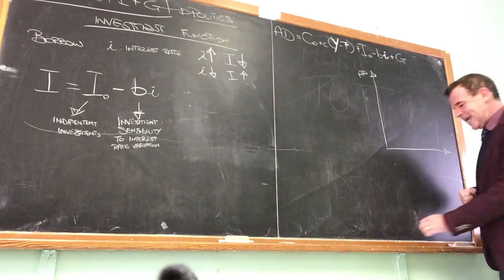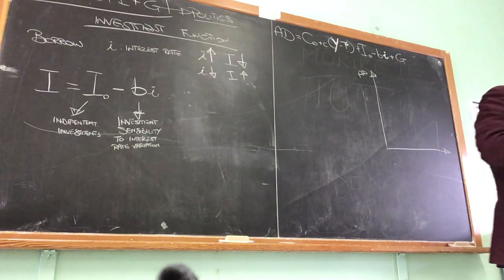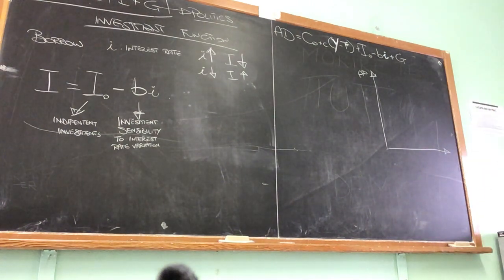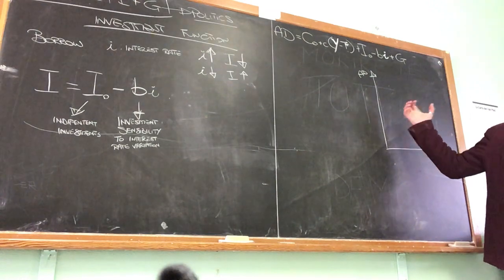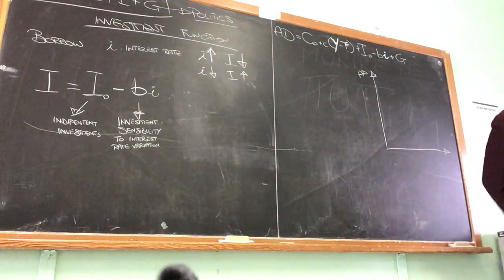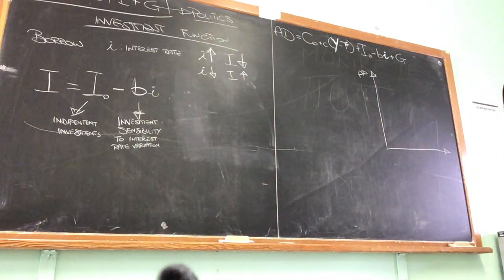So of course Keynes could have drawn a Cartesian plan with 3 variables, which was a little bit complicated, but decided to make a choice. Since he had to analyze 2 different markets, the goods market, the real market that we are looking at now, and the financial market.